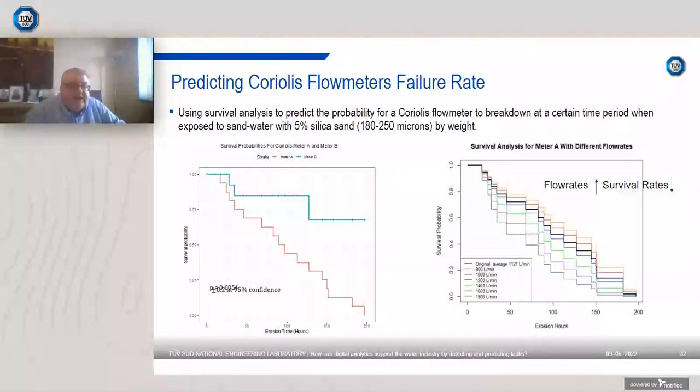Our digital services team then applied advanced mathematical and statistical modelling techniques to the data sets, and in doing so developed a tool which was capable of predicting the life expectancy of the flow meters after exposure to the sand erosion. Machine learning algorithms were then built to predict the level of sand concentration present within the fluid based on the response of the meter's digital outputs.